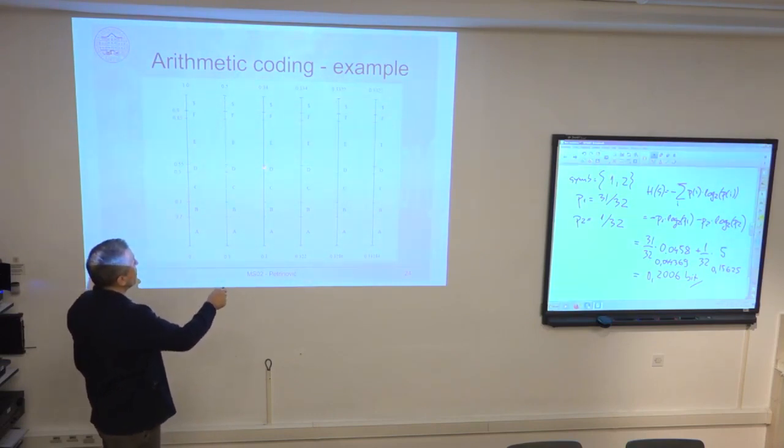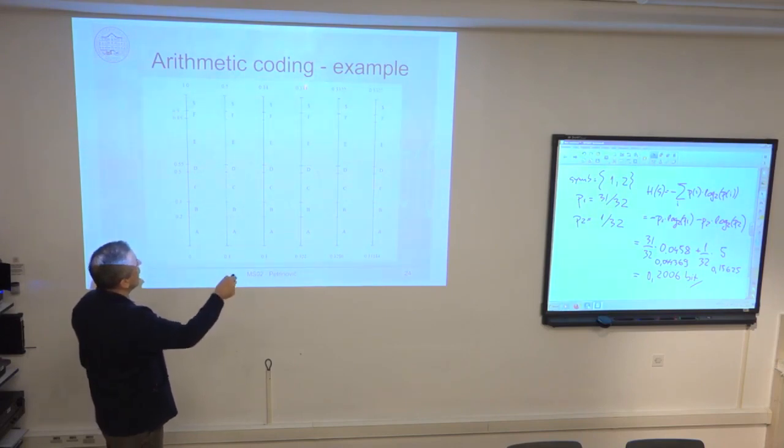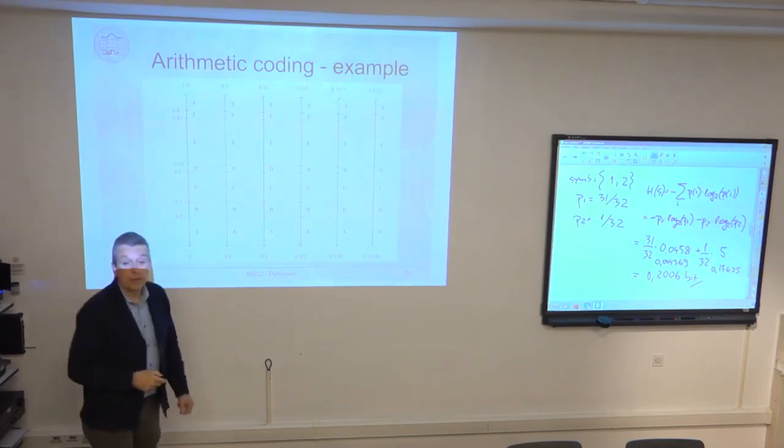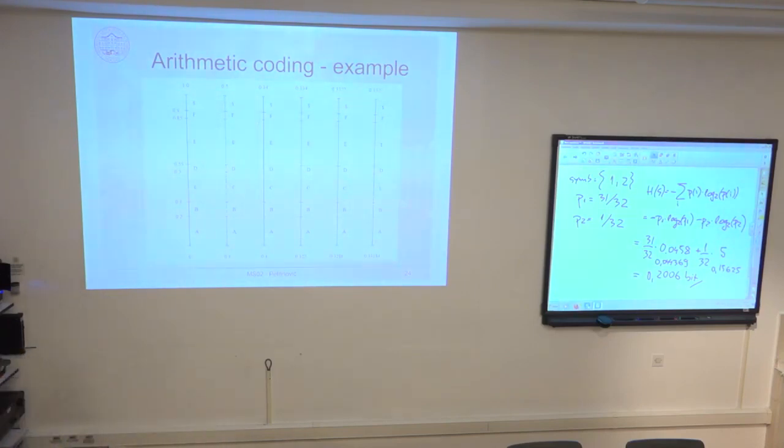If I compute the lower bound for this symbol E and the upper bound, I can easily find this is 0.322, and the upper bound is 0.334. So I iteratively compute these lower and upper bounds based on the symbols observed.